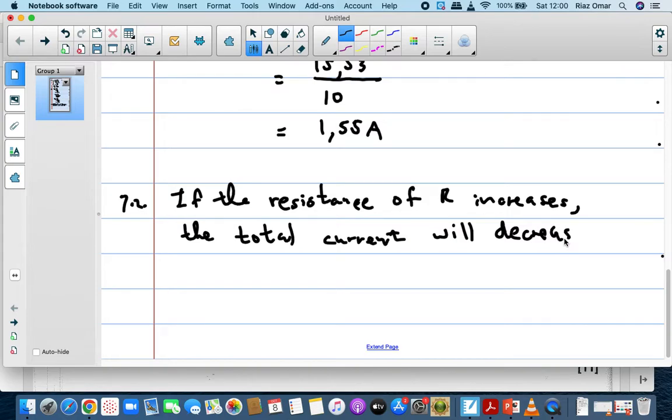Now I said you must relate it to an equation, right? So we know that P equals I squared R. Correct. P equals I squared R.